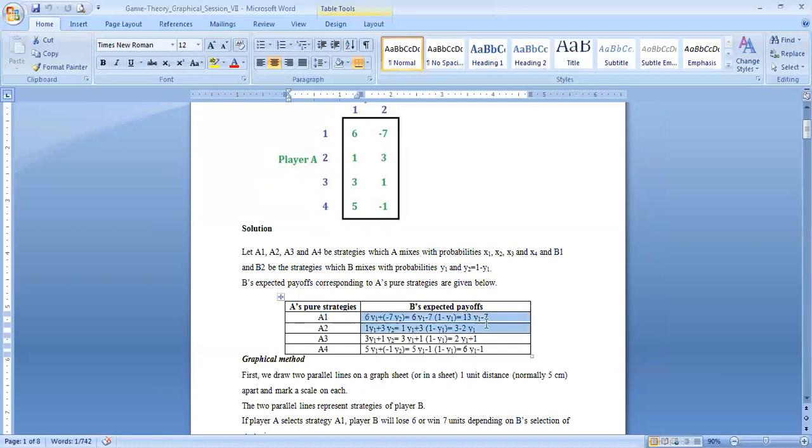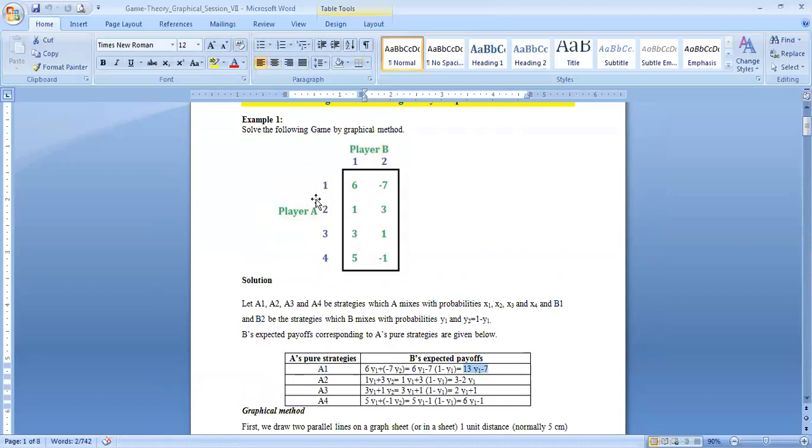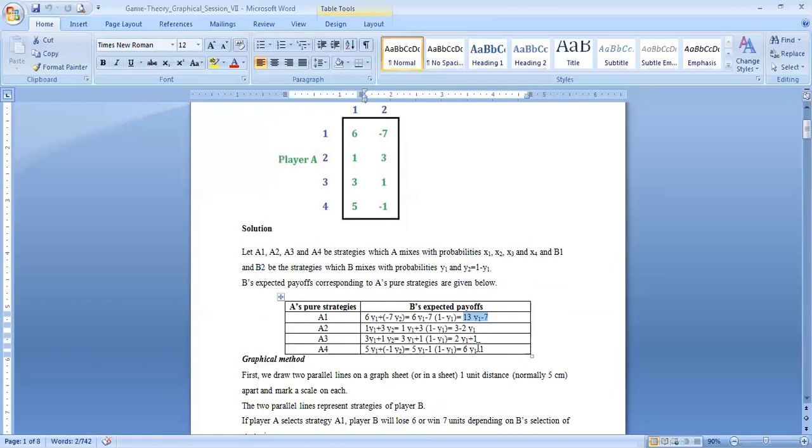This 13 y1 minus 7 will be the expected payoff for the player B when the player A plays the pure strategy A1. And similarly, when he plays the pure strategy A2, then the expected payoff for the player B is 1 into y1 plus 3 into y2. So 3 into y2 means 3 into the bracket 1 minus y1. Here it is written, and after simplification, it will become 3 minus 2 y1.